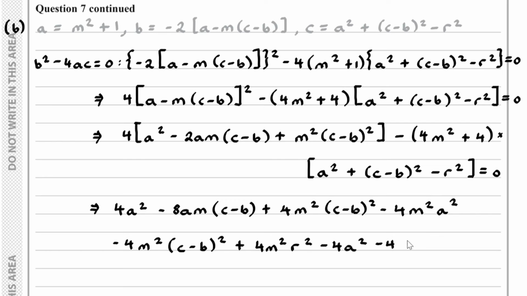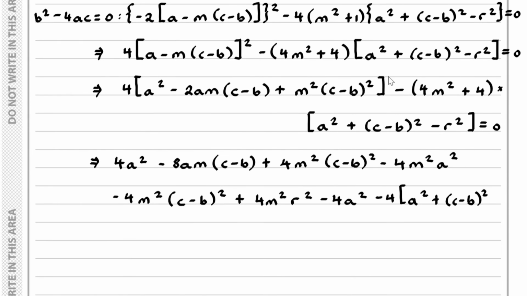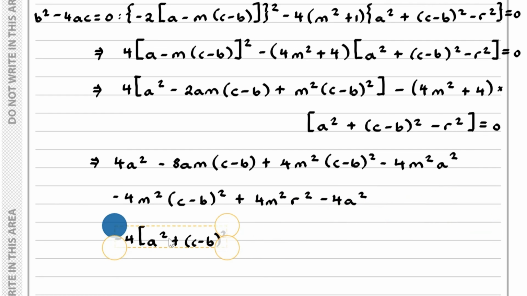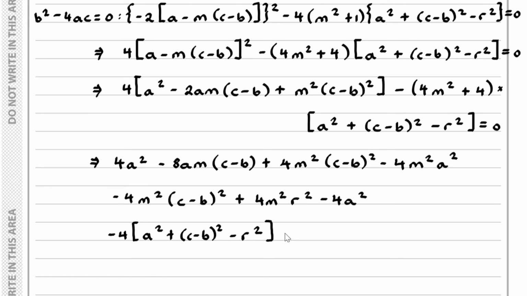And then if I open up the bracket, we've got a squared plus c minus b squared, and then we've got the minus r squared. This is equal to 0.